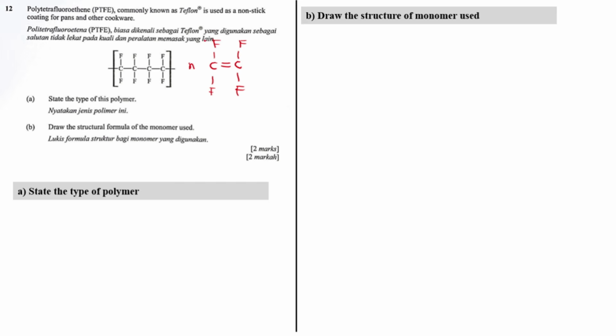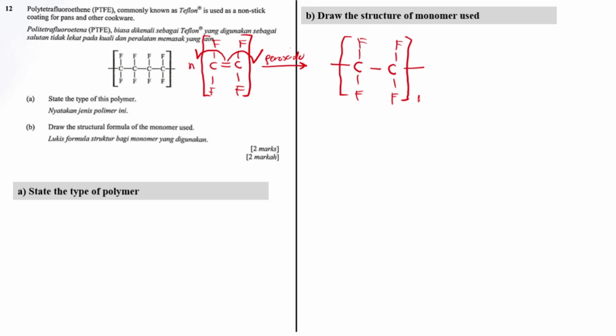When you have a lot of monomers with the presence of peroxide, it's going to initiate a radical. So it's going to go on the right hand side and on the left hand side. It's going to produce C, single bond C, F, F, F, F, and then you get the attachment on the left and right hand side with the n here showing a polymer.